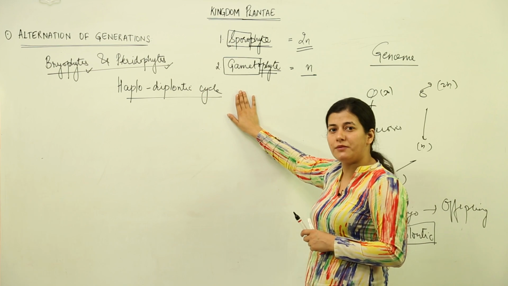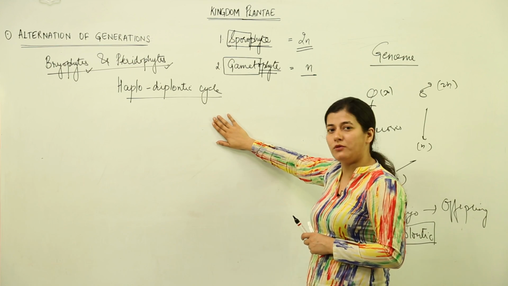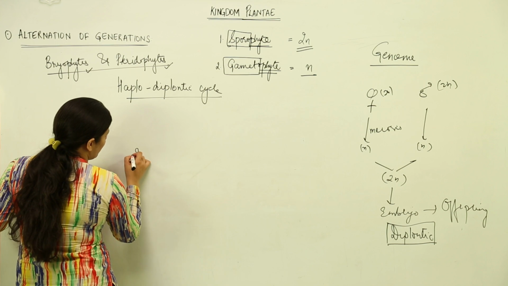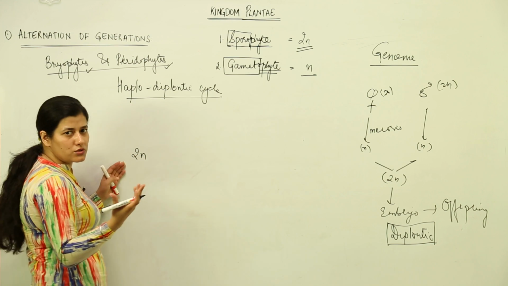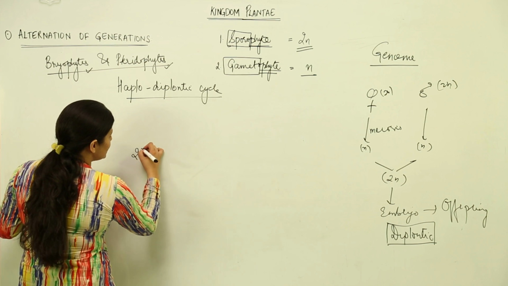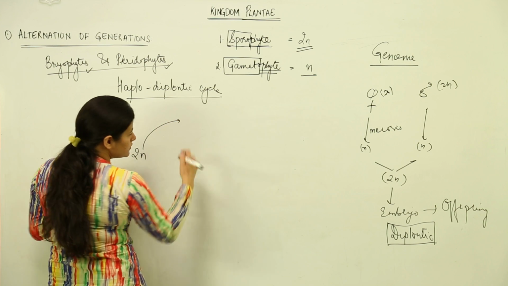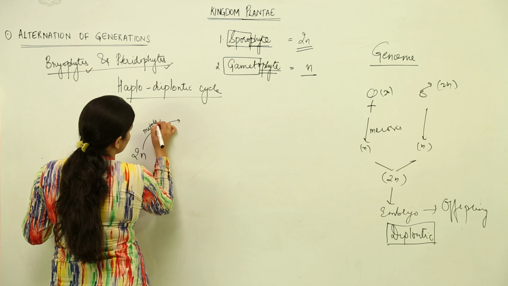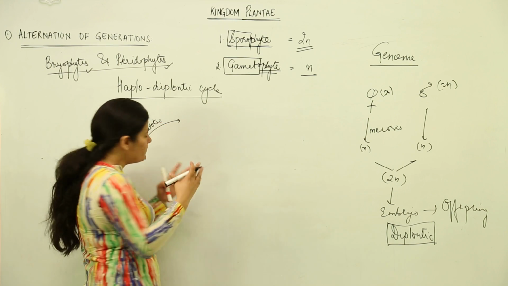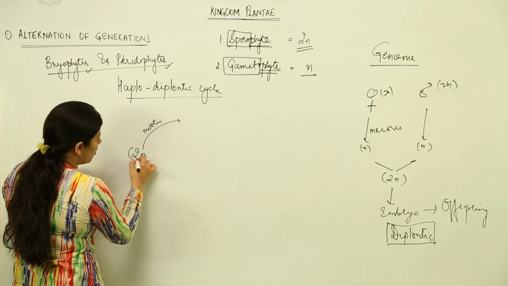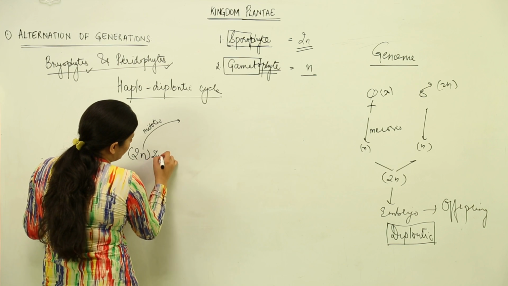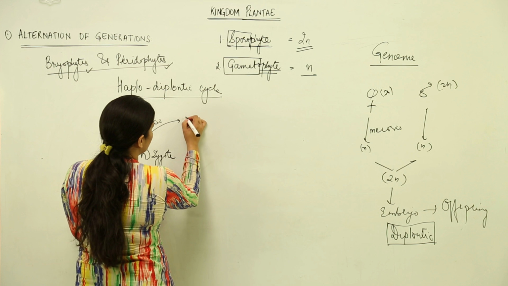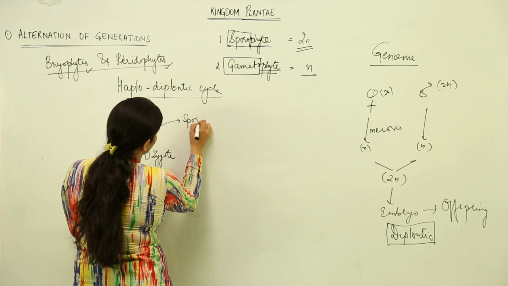Now what is in the haplodiplontic cycle? In the haplodiplontic cycle, supposedly there is a zygote formation which takes place, and zygote would always be 2n. This zygote develops, it undergoes further divisions. Which divisions? Mitotic divisions. And you know mitosis is important for growth. So this zygote has undergone divisions and formed the sporophyte, because it is diploid.